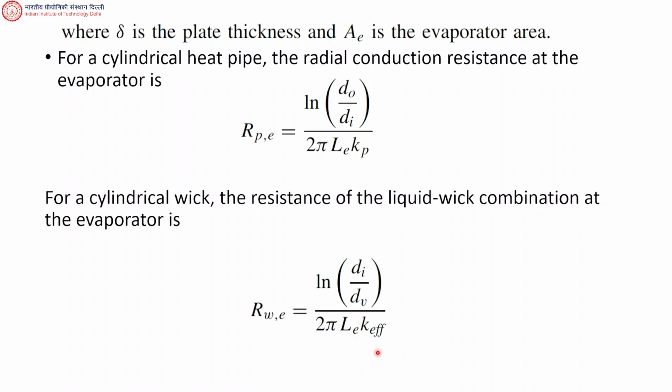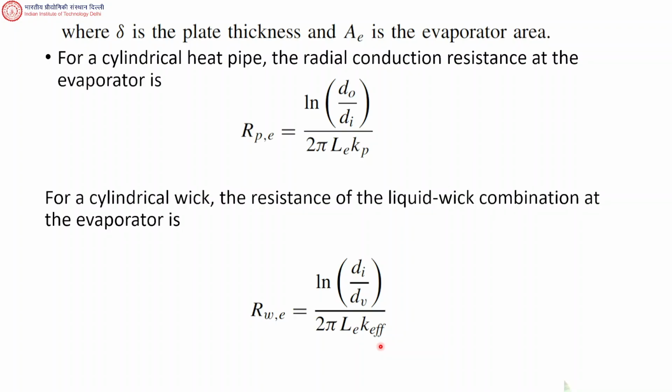All right, so what is the thermal conductivity of the wick? It will depend on the material of the wick and also the construction of the wick. But remember that the wick has liquid in it, right? It doesn't just have solids. So you can prepare a wick. Remember sintered metal, we talked about it a few classes back, but it can also be like meshes put together, like 2 or 3 meshes put together.